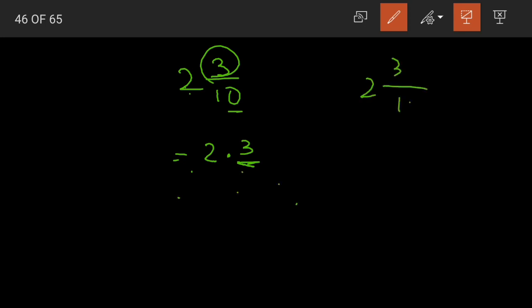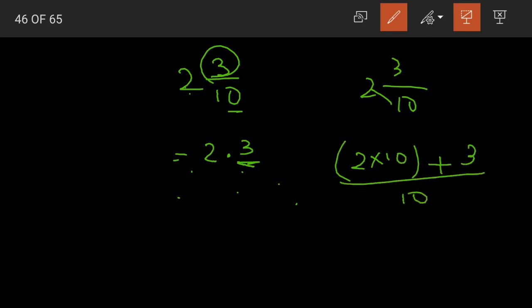Or else, first convert it into an improper fraction. 2 into 10, multiply the whole number with the denominator, and to the product add the numerator. 2 into 10 is 20 plus 3 divided by 10. 20 plus 3 is 23 divided by 10. Now 23 by 10, how will we write it as a decimal number?